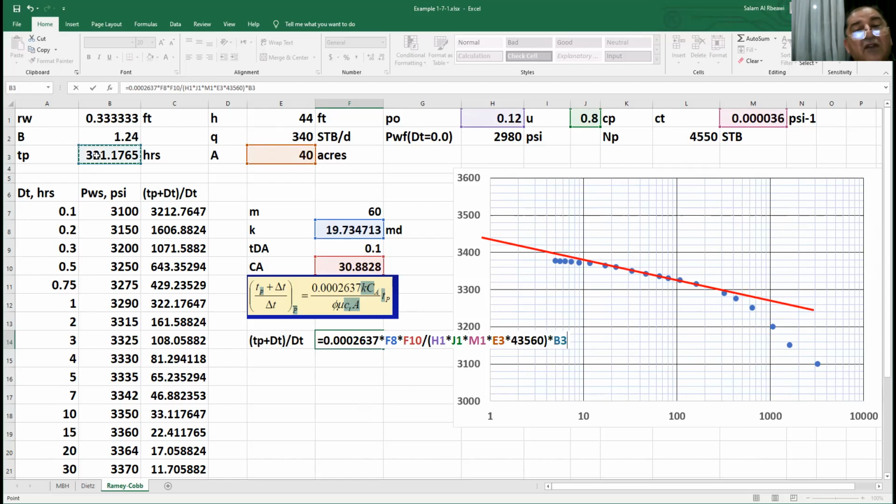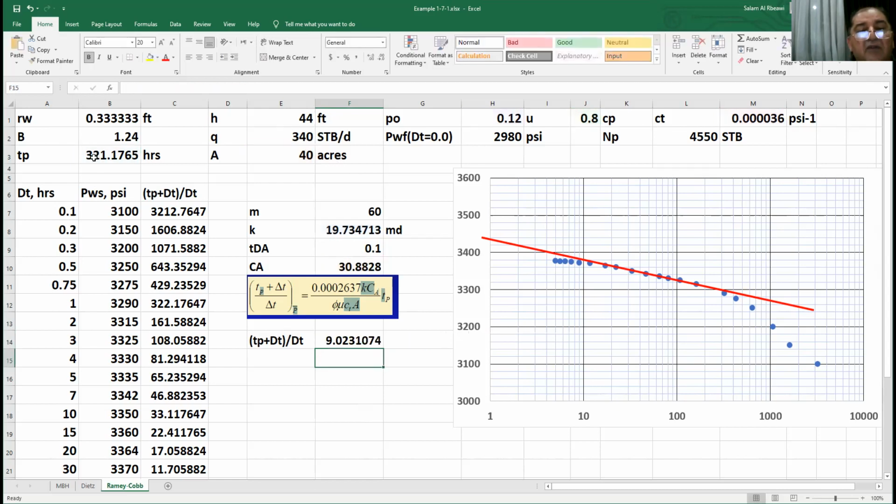And you have to know that your production time is greater than tpss.